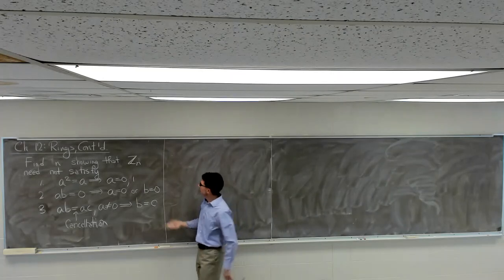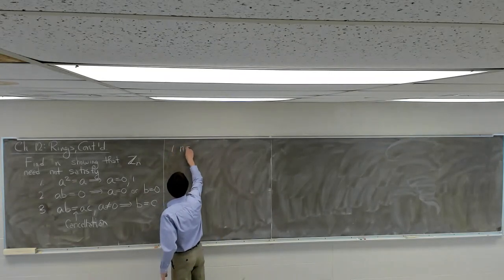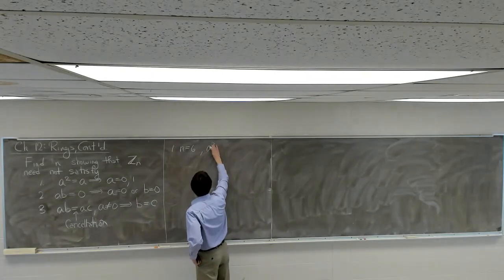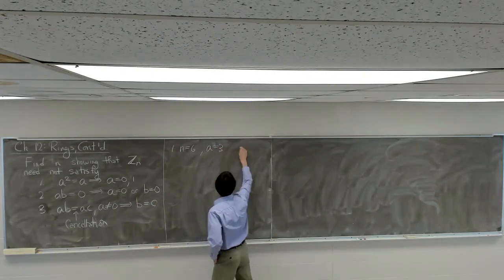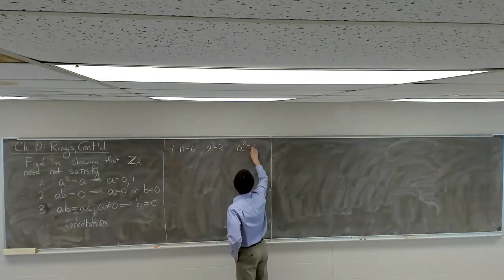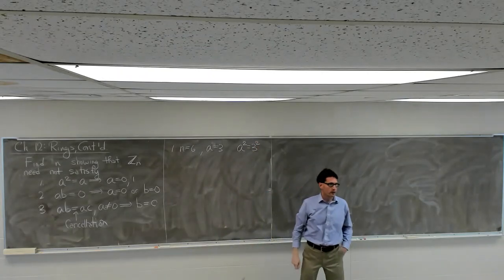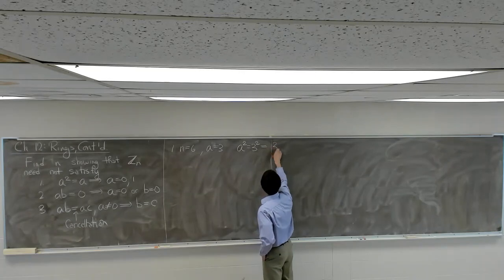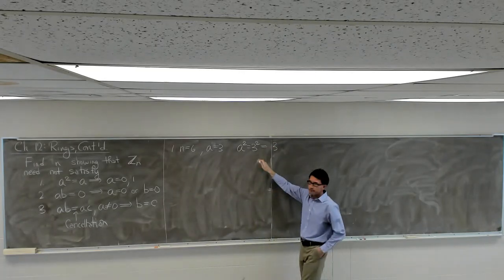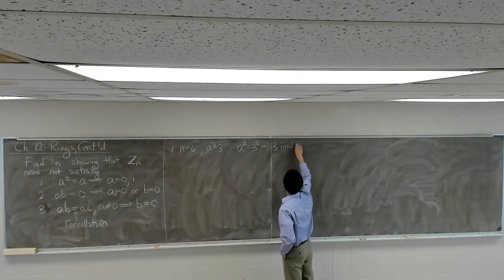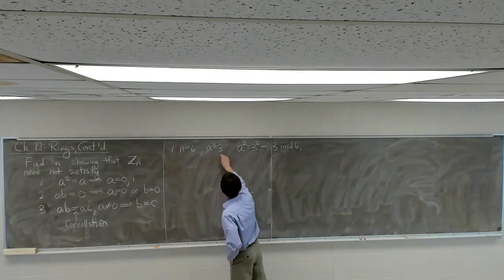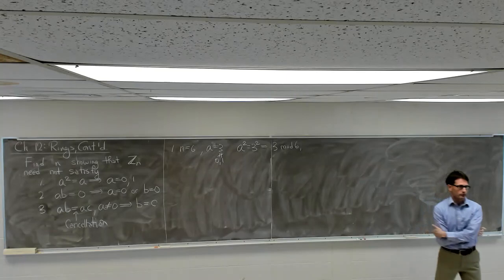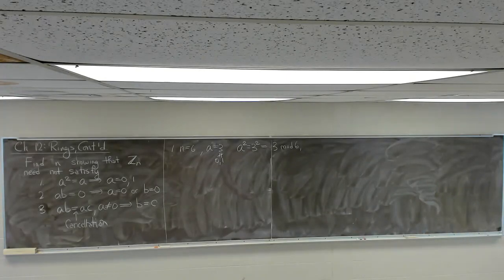Okay, so if we take N to be 6, A to be 3, then we get 3 squared or 9. But 9 mod 6 is equal to 3, right? And in the integers mod 6, 3 is distinct from 0 and 1. Okay, so that works there.